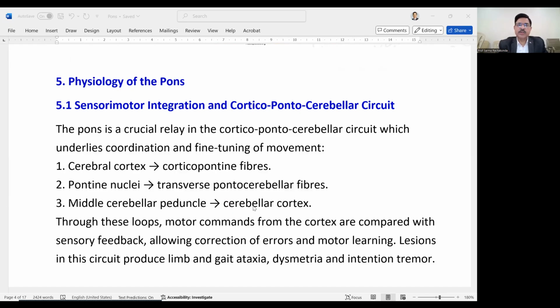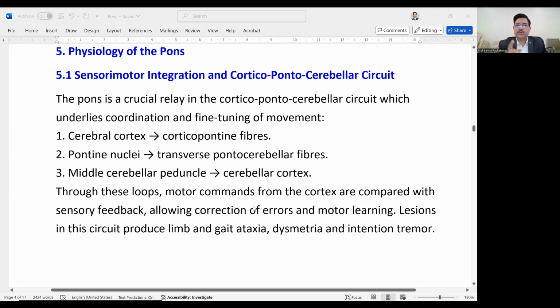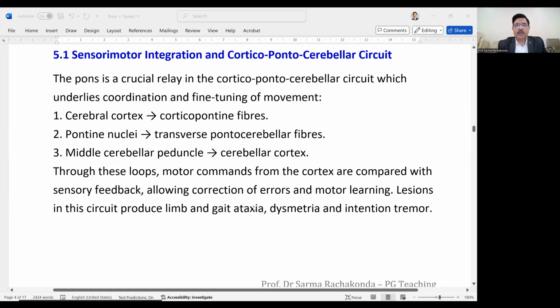These three loops: one is the cerebral cortex to corticopontine, next one is the pontine nuclei to transverse pontocerebellar, and the middle cerebellar peduncle to the cerebellar cortex. In these three loops, motor commands from the cortex are compared with the sensory feedback.